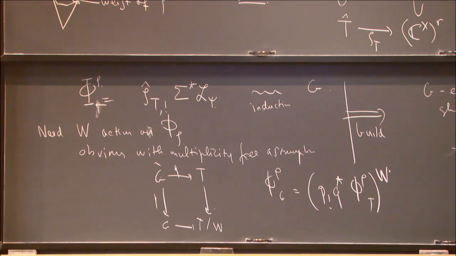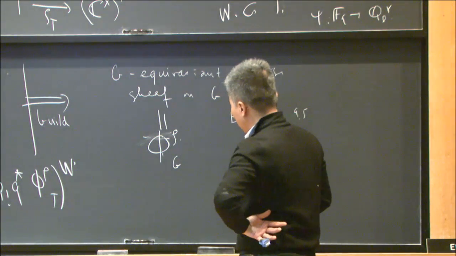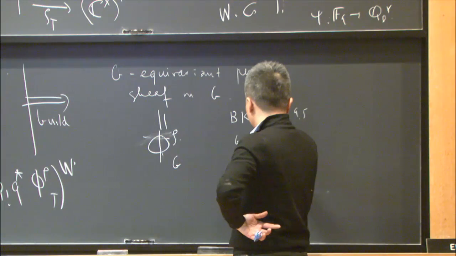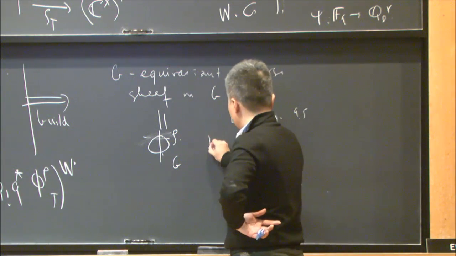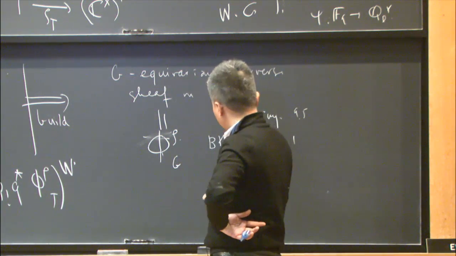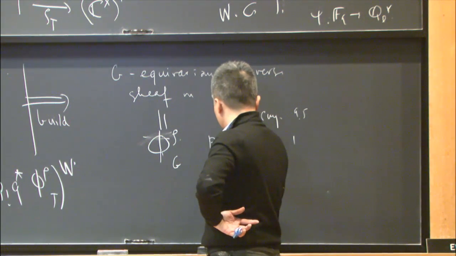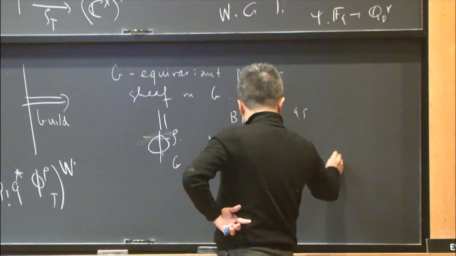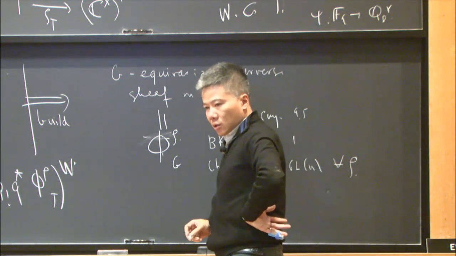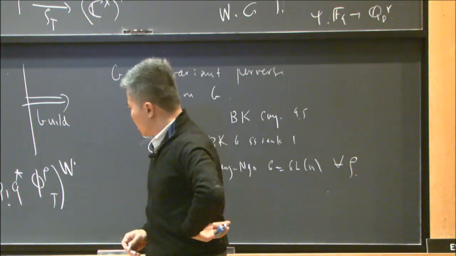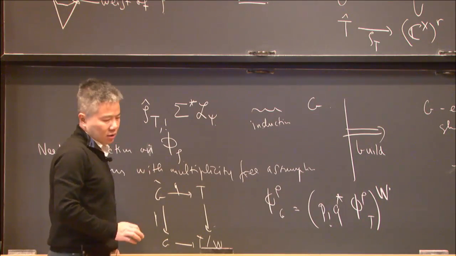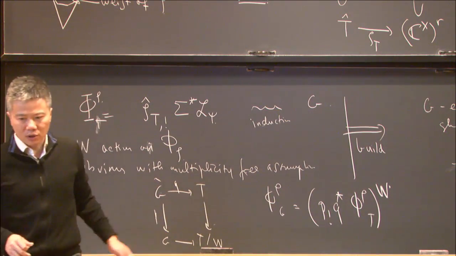It's called the conjecture of Braverman-Kazhdan, Conjecture 9.5 in their first paper, and they prove this for G semisimple of rank 1, so for GL2. And my student and myself prove it for GL_n and every rho. So this gives you confidence that this is the right construction.